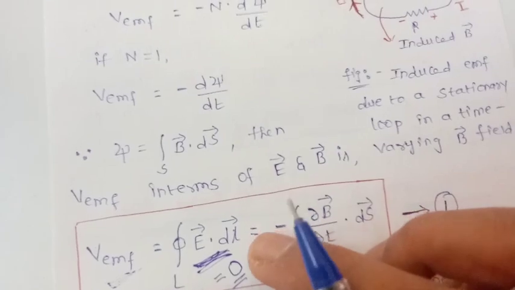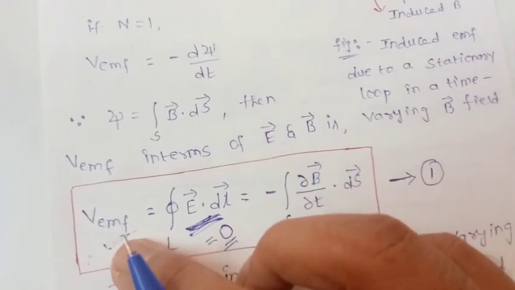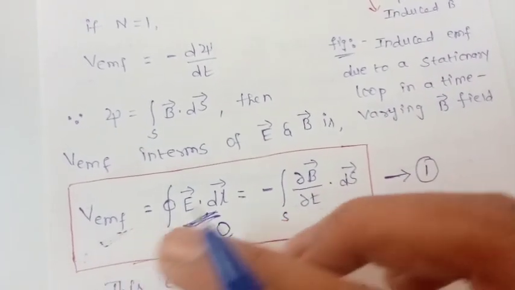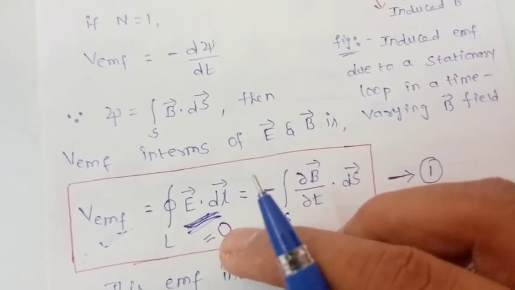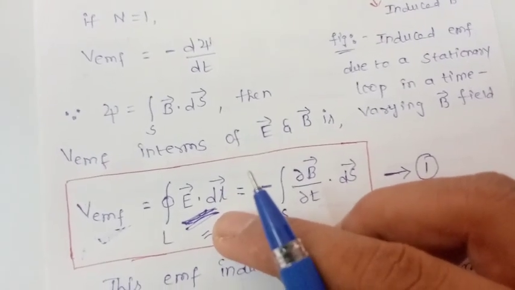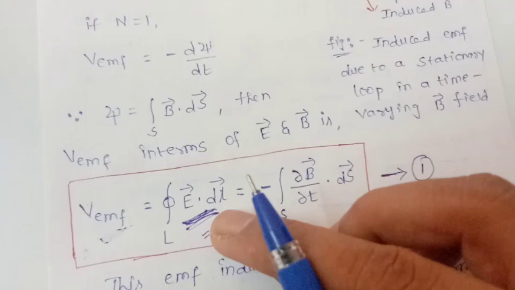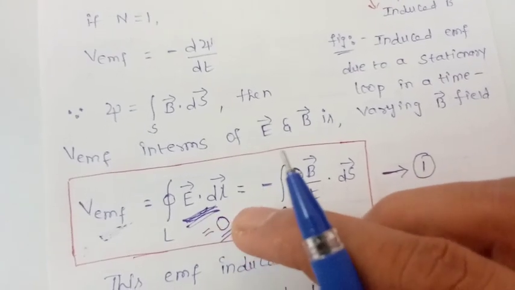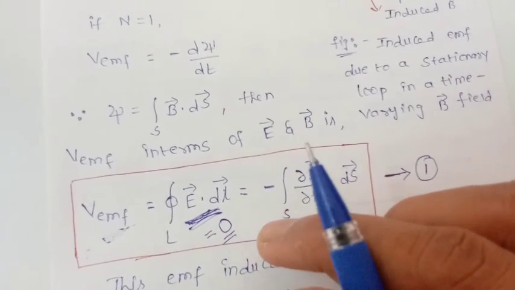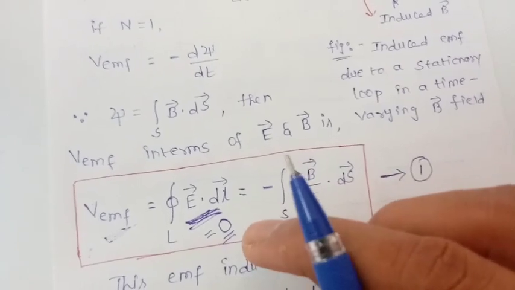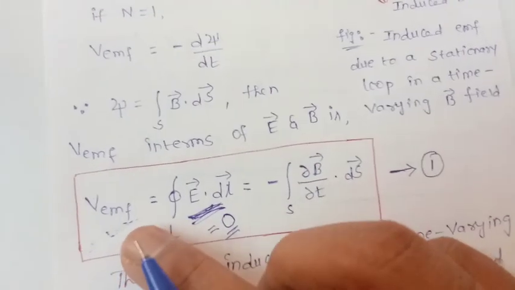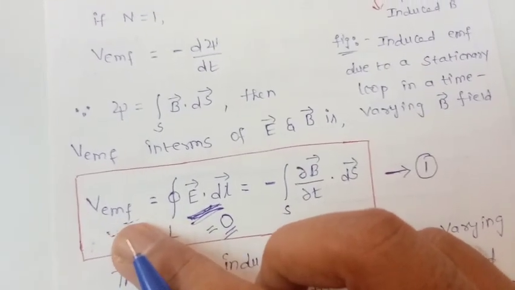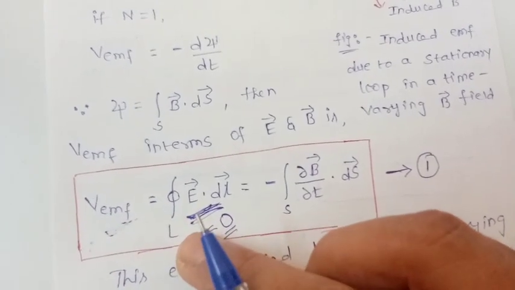Now here the potential difference is not 0 because it is not a static electric field, it is a time varying electric field. Because of this time varying electric field, we have different potentials, therefore we have a definite potential difference.